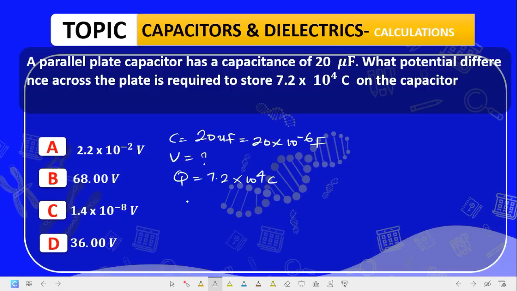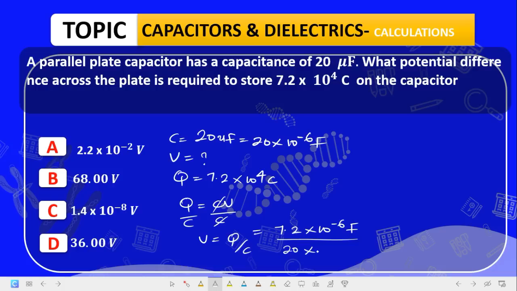Now, how do we solve this? We say Q is always equal to CV. So if we are looking for V, divide both sides by C. And then V will be Q over C. Q is 7.2 times 10 raised to the power of minus 6, and our C capacitance is 20 times 10 raised to the power of minus 6.